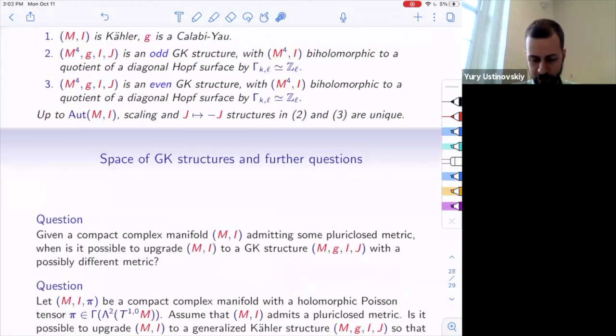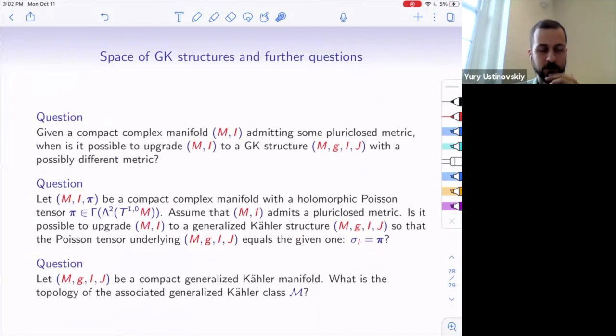So yeah, I'm a bit over time. Maybe I'll just leave further questions for the directions here. The type of questions which we saw here, which I find very interesting, is the existence of generalized Kähler structures and existence of solitons in general. So you are given a complex manifold, assuming you know that it admits some Fourier closed metric.